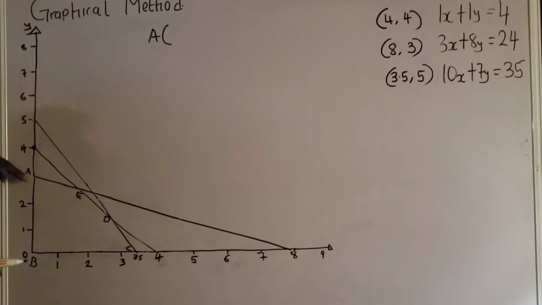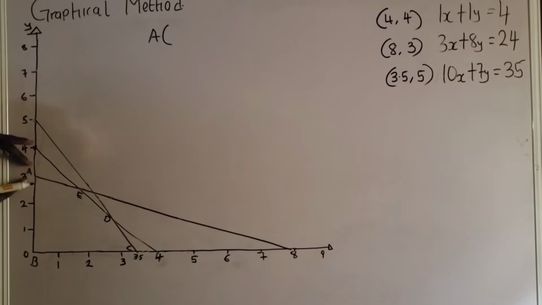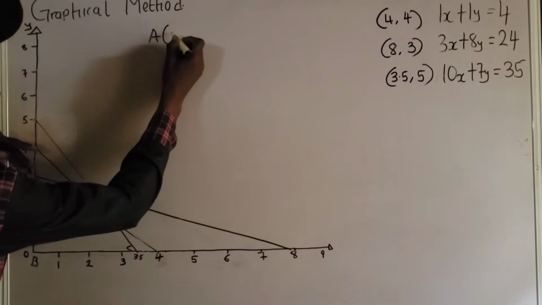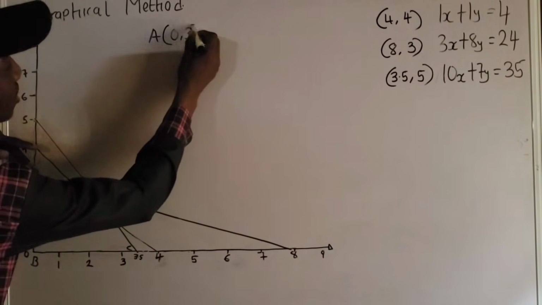Point A is 3, 0. You get it? Oh, 0, 3, because when we are talking about coordinates, we are talking about x and y. We have to make reference to x first before y. You get what I'm saying? So at point A, the value of x is what? 0. And the value of y is what? 3. So point A is 0, 3.